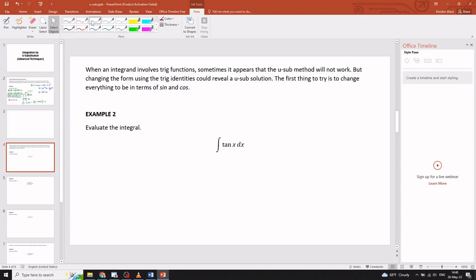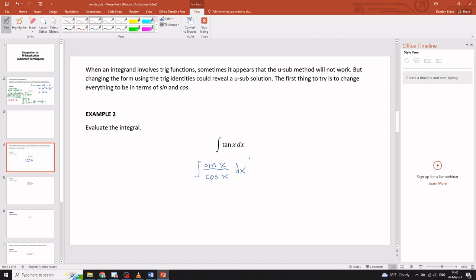And let's take the advice of the instructions or the hint at the top, and let's start by putting everything in terms of sine and cosine. So tangent is sine x over cosine x. So this integral is equivalent to the problem. Now this looks more like something that can be solved using a U-substitution.